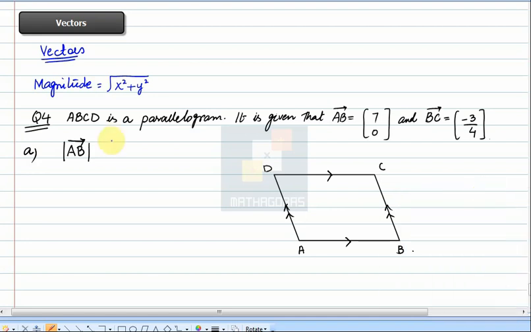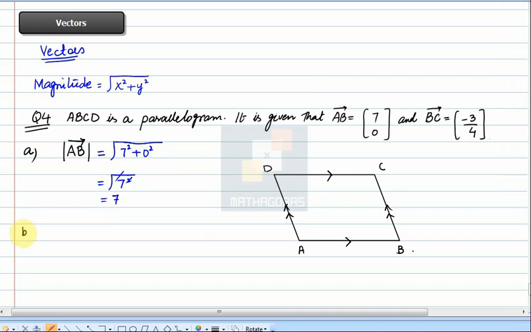So magnitude of AB is equal to under root, the vector AB is x square plus y square, or we can say that it's just 7 square because 0 square is 0. So square and root cancel, so the final answer of AB is 7. Right?